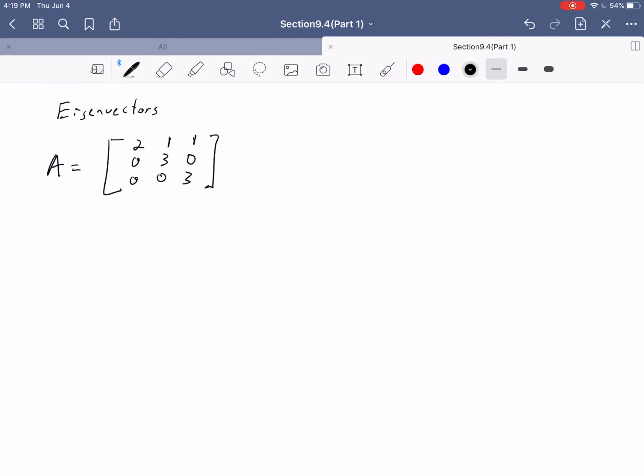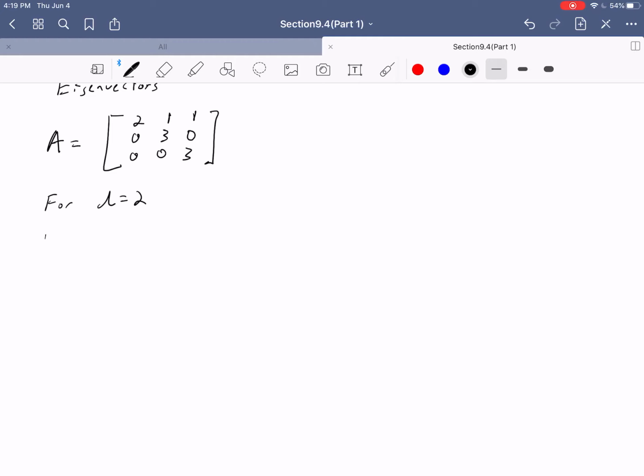For lambda equals 2, we'll subtract 2 off the diagonal. So 0, 1, 1, 0, 1, 0, and 0, 0, 1. And then we'll augment with 0, 0, 0 and solve that.